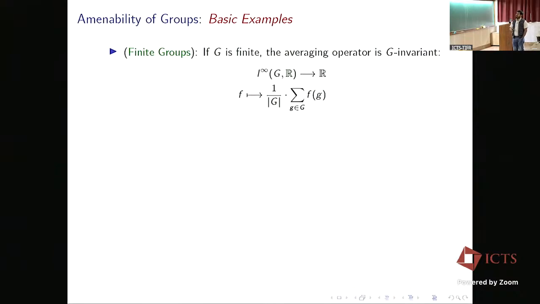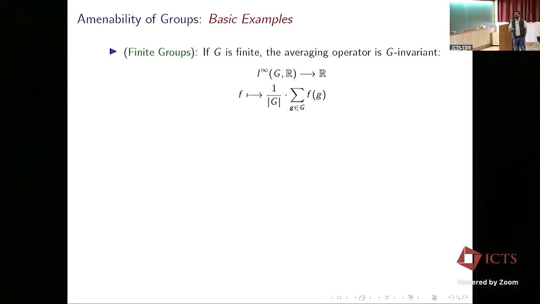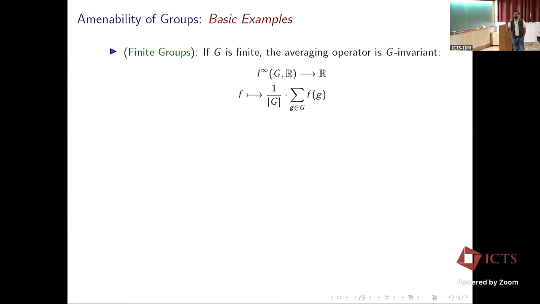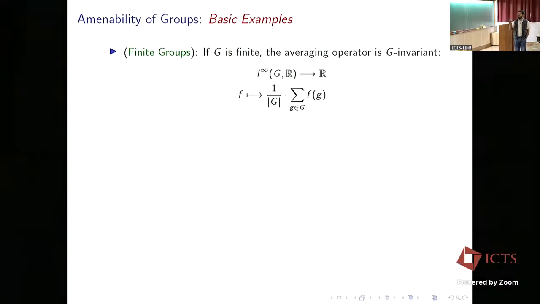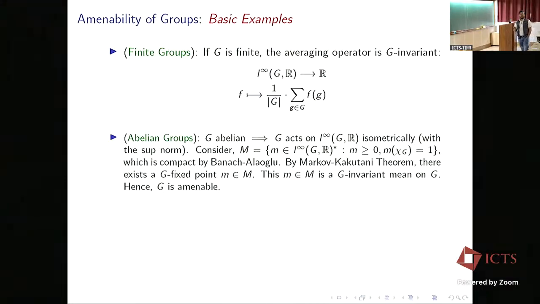Now, some examples: finite groups are amenable because on finite groups we can average functions like this. This is the usual average. And then abelian groups are also amenable because we can prove by the Markov-Kakutani theorem that on the space of states, we can find a fixed point.